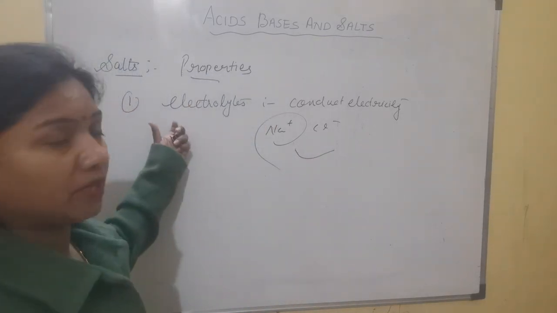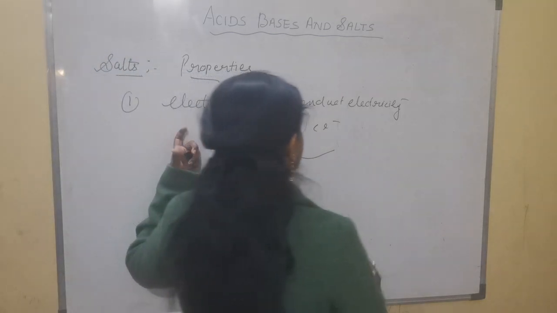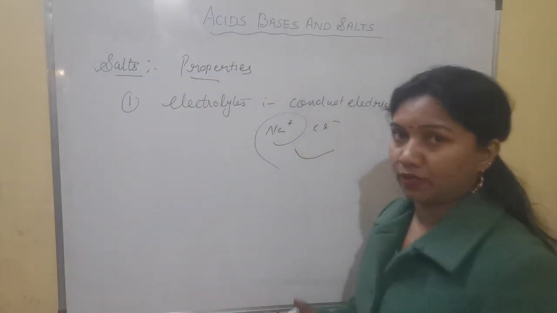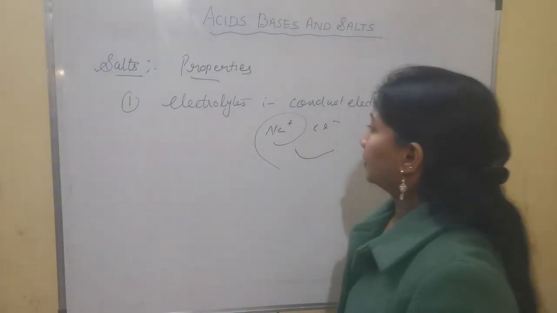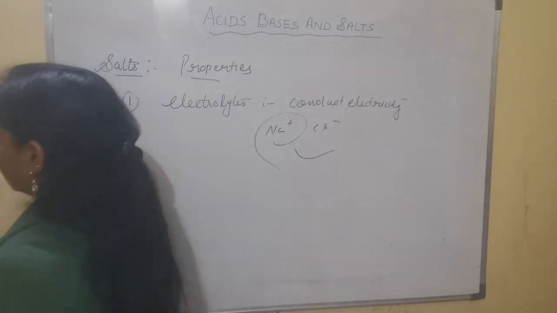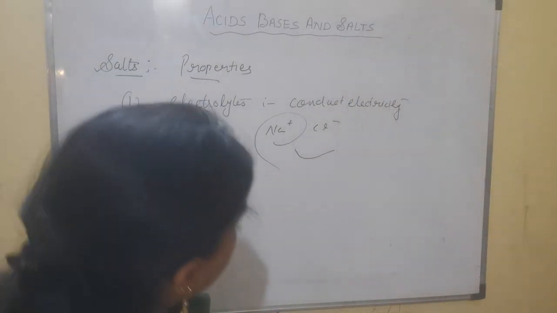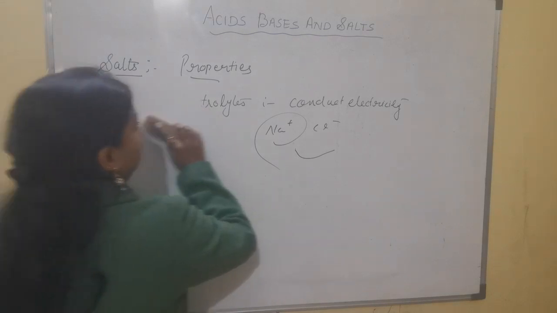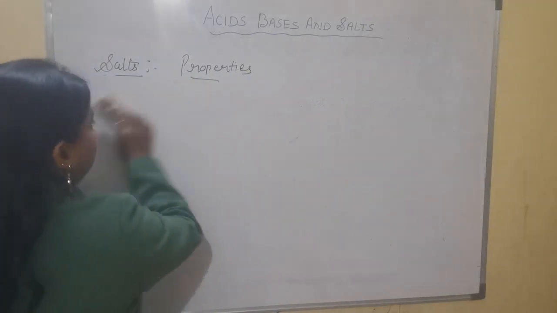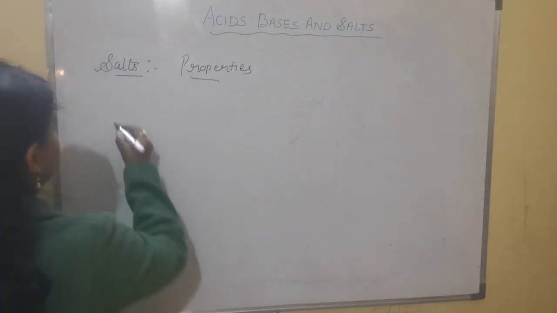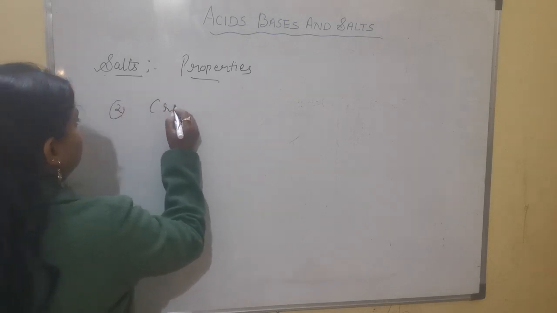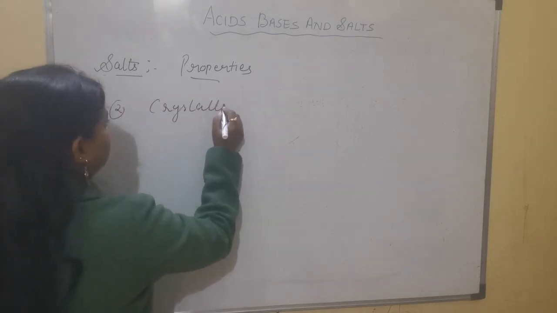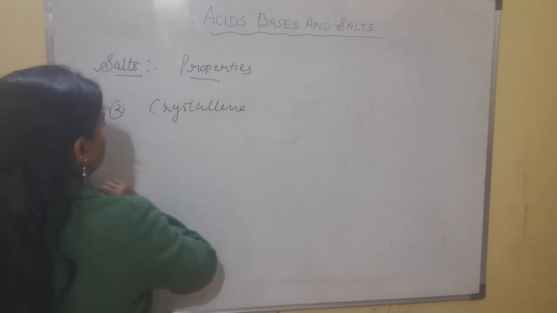That is why they behave like electrolytes in the molten state or aqueous state. Second, they are crystalline, normally in the form of crystals in nature.